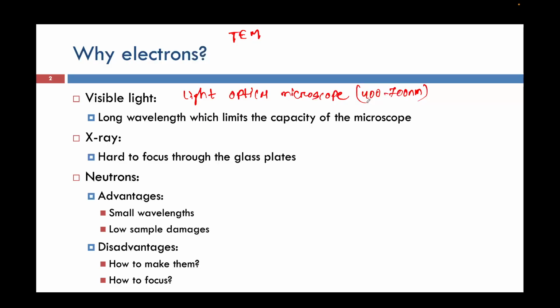Across the whole electromagnetic spectrum, visible light offers us a long wavelength.